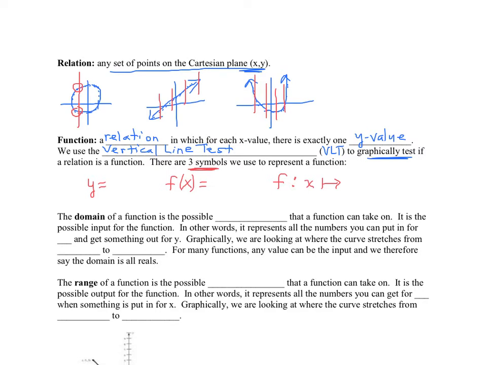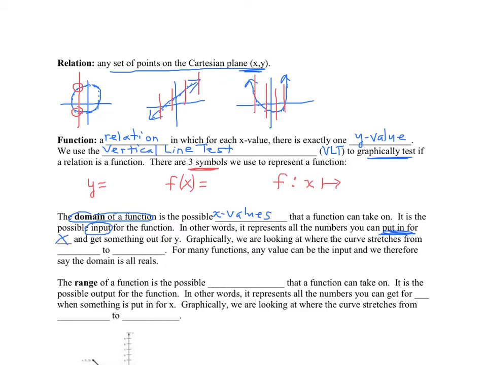So let's move into domain and range. First, domain. The domain of a function is the possible x values that a function can take on. It's the possible input for the function. Okay? In other words, it represents all the numbers that you can put in for x and get something out for y.